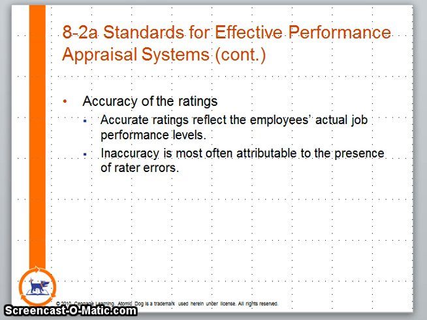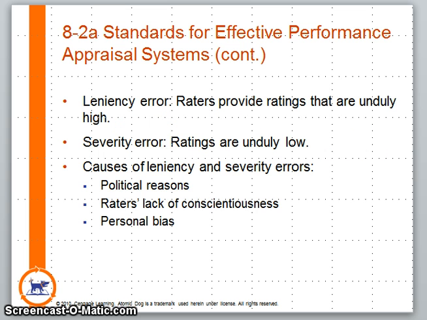You also want to look to the accuracy of the ratings. Accurate ratings reflect the employee's actual job performance level. Inaccuracy is most often attributable to the presence of rater errors. A leniency error is when raters provide ratings that are unduly high. Severity error, ratings are unduly low.